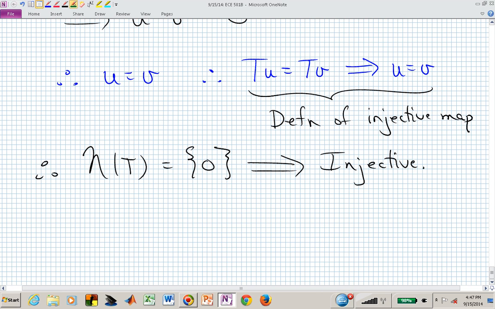And now, because both directions have been shown, one implying the other and the other implying the first, we can say that T is injective if and only if the null space of T is equal to the 0 vector.